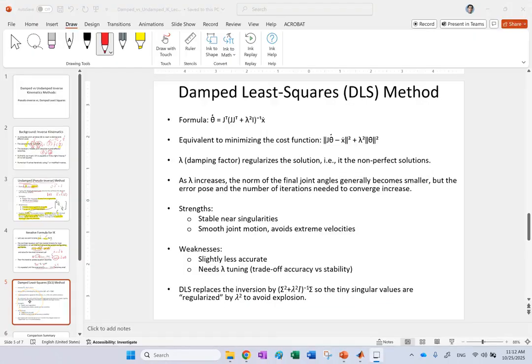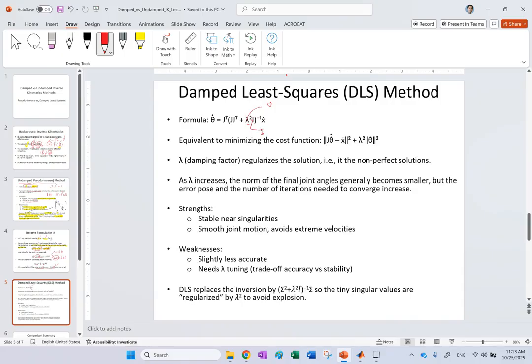Let's talk about the damped least squares method. So what are you doing here? Instead of, let's say, this lambda, which is exactly your damping factor, let's say this lambda is 0. If this is 0, you see it's exactly the formula of the pseudo-inverse, right? By the way, this is not a 1, this is the identity matrix, okay?